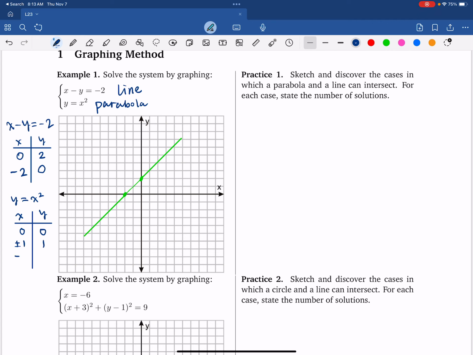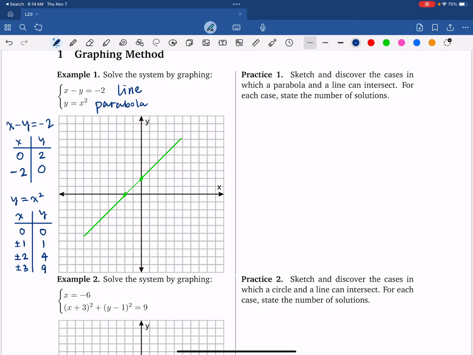If I make my x plus or minus 2, meaning +2 or -2, I square my x, I will get 4. So you see where I'm going, right? I'm just picking opposite values of x and then plugging into the equation, solving for y. Because of the symmetry, these 2 points will be symmetric about the axis of symmetry. And let's just do 2 more points, plus or minus 3, then y will be 9.